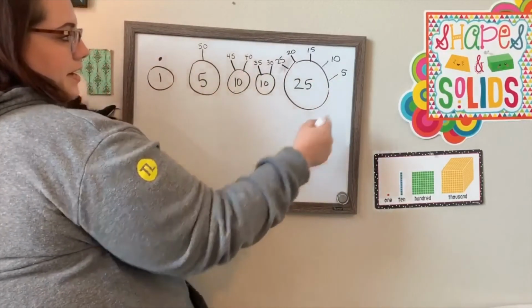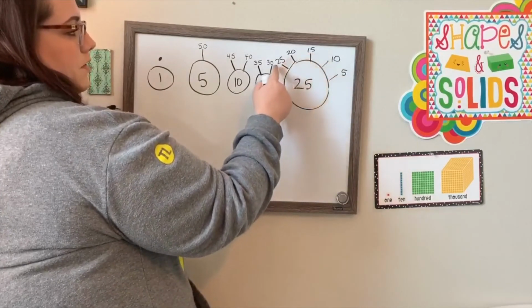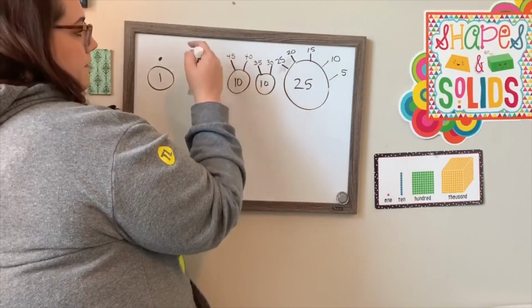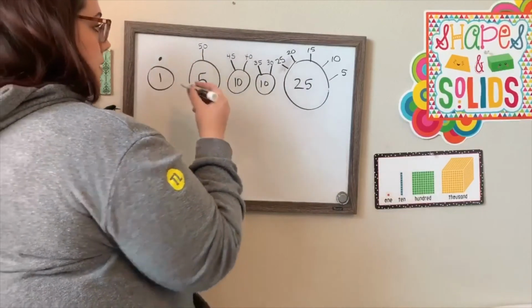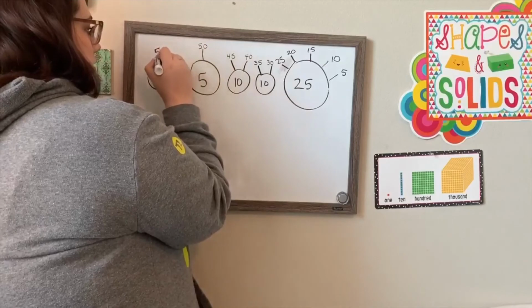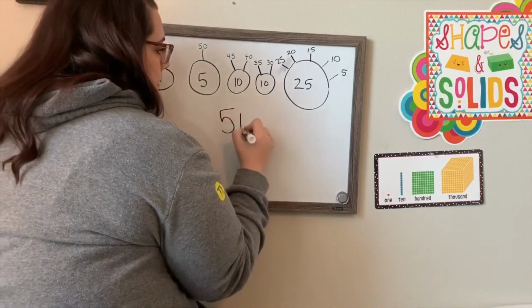You see how it follows a pattern? 5, 10, 15, 20, 25, 30, 35, 40, 45, 50, plus 1. Remember, dots are not worth 5s, they're worth 1s. So it'd be 51.